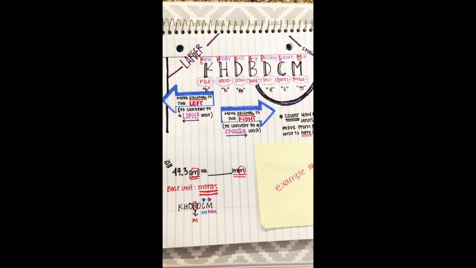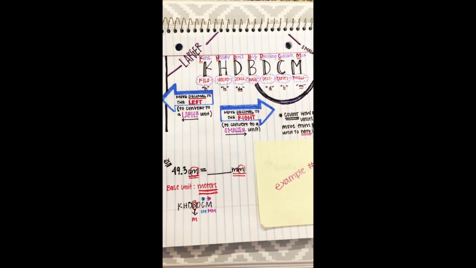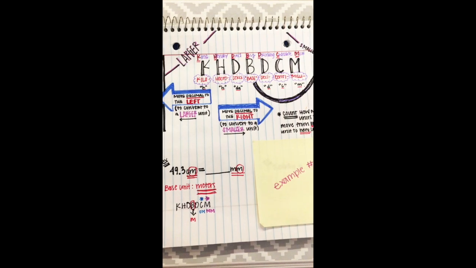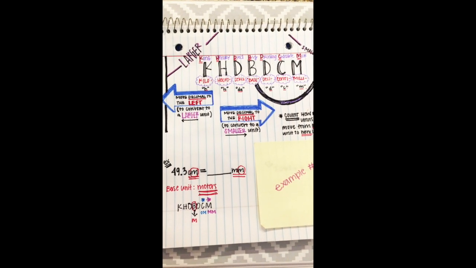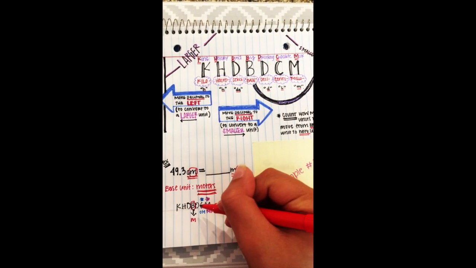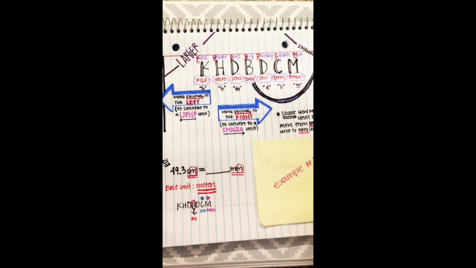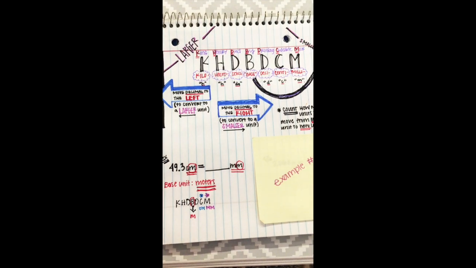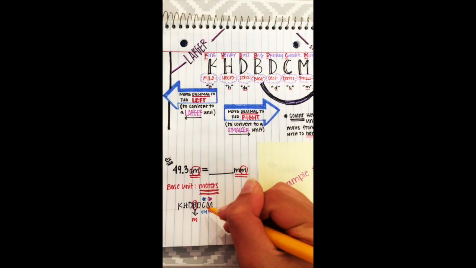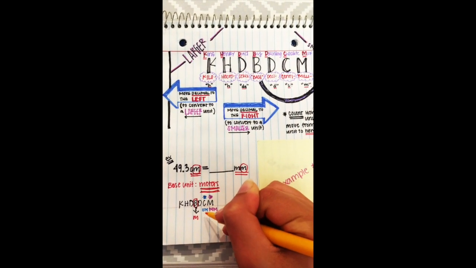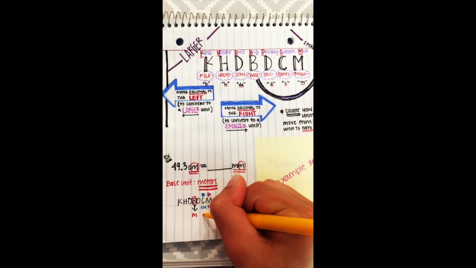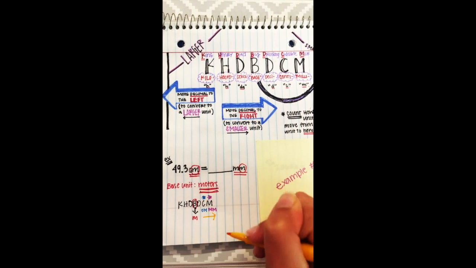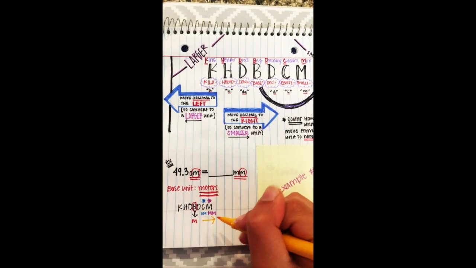So from here, we're going to go from our start to our end, and I'm going to just grab a different color real quick, to see which direction we're headed. So we're starting with our centimeters and we're moving towards our millimeters. So we are moving towards the right.